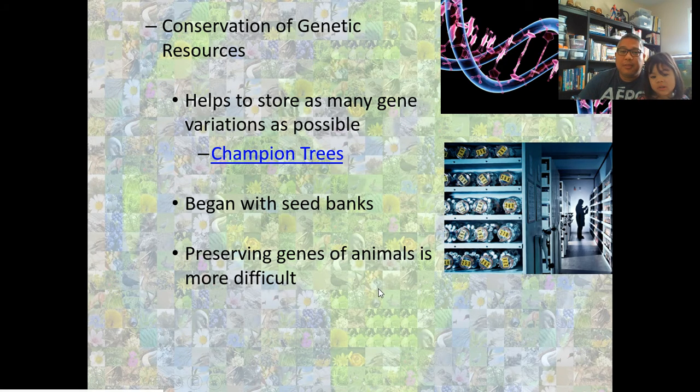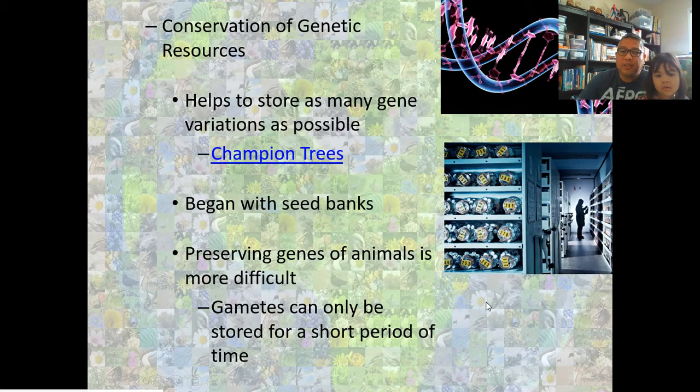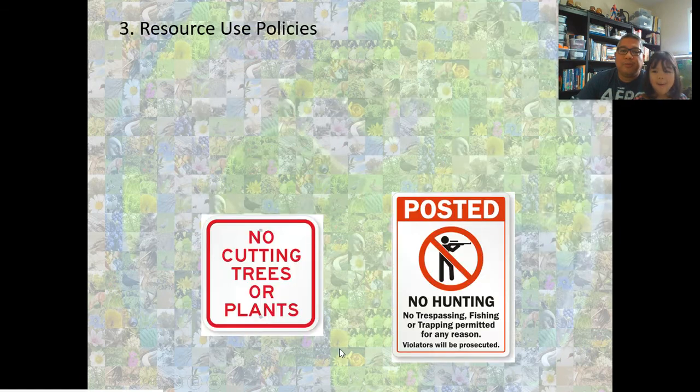Preserving genes of animals is more difficult. Gametes can only be stored for a short period of time, the sex cells. Unlike plants, where you have seeds, so it's okay. You can store them as long as they're dry. But for sex cells like gametes, you can only store them for a short period of time.